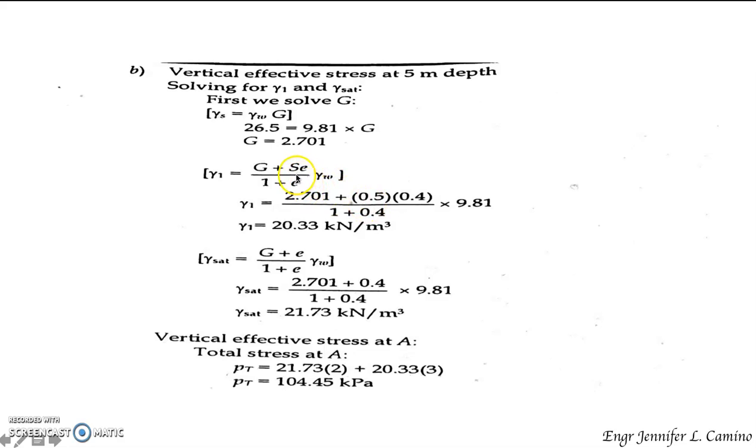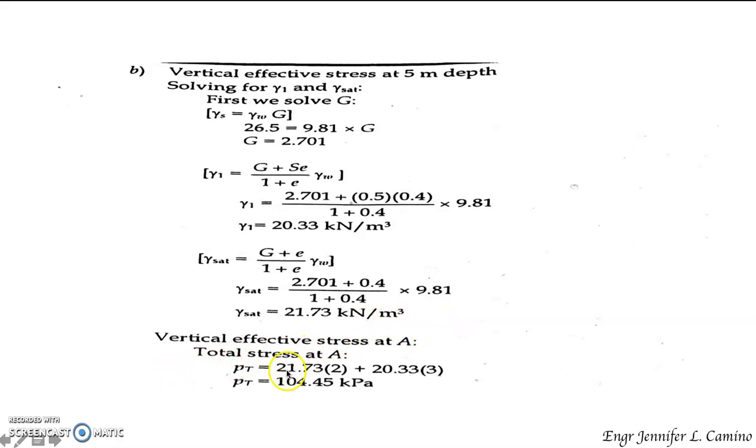If we substitute the given values, our unsaturated unit weight is 20.33 kilonewton per cubic meter. For our saturated unit weight, given by this equation, we simply substitute our specific gravity, void ratio, and the unit weight of the water. It gives us 21.73 kilonewton per cubic meter.